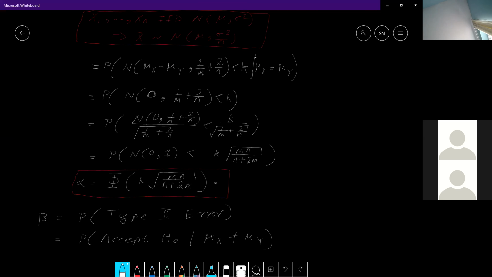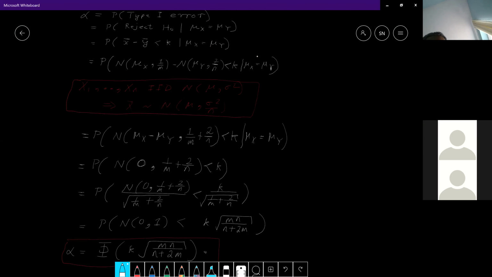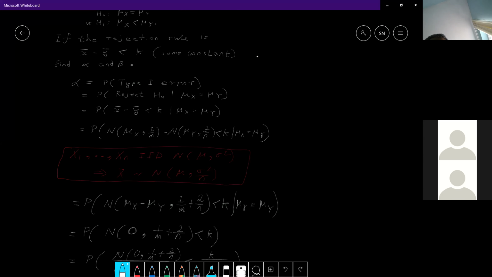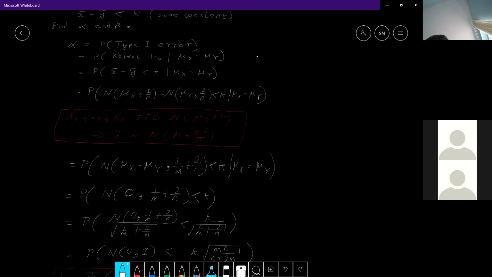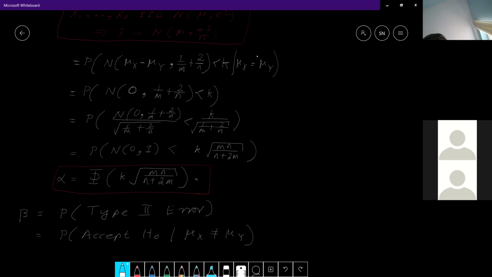Now accepting is the opposite of rejecting. We initially said we reject the null hypothesis if x bar minus y bar is less than k. So we will accept it if the opposite is true.